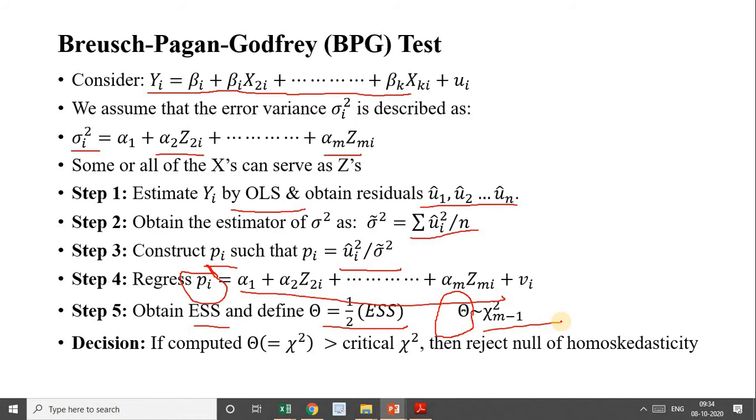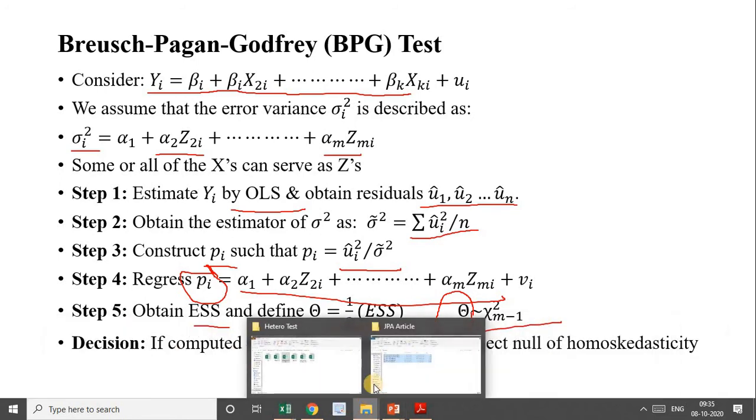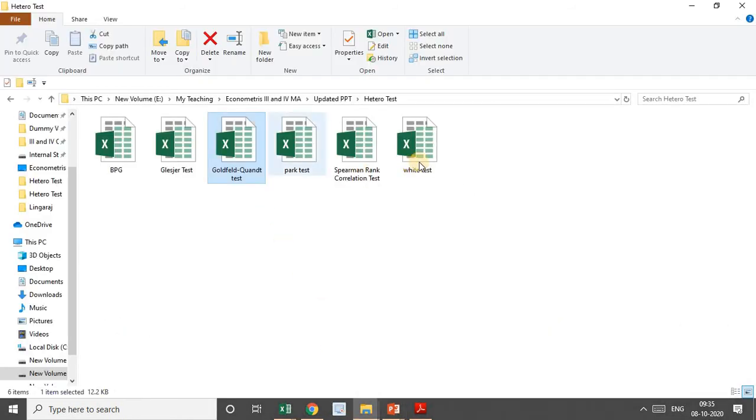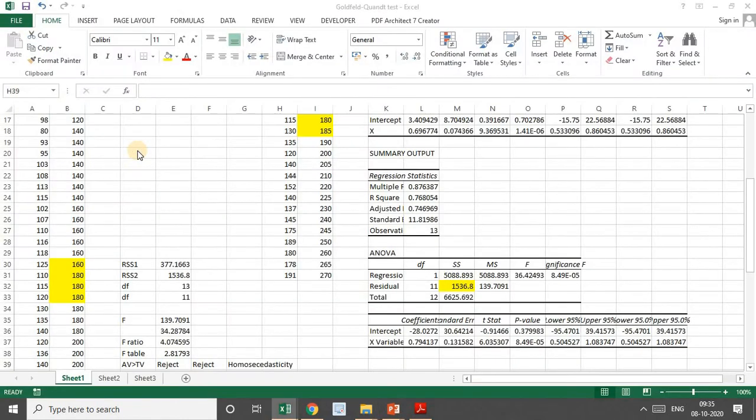If this test value is greater than the critical chi-square value, then reject the null hypothesis of homoscedasticity. Let us check how we can do that.